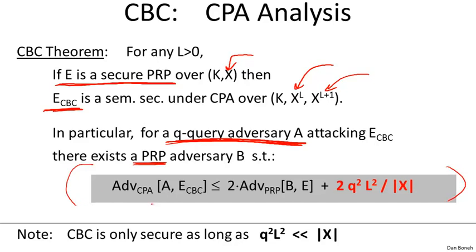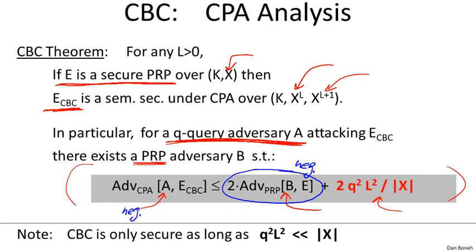In other words, the advantage of algorithm A against the encryption scheme is less than the advantage of algorithm B against the original PRP, plus some noise term. Let me interpret this theorem for you as usual. Since E is a secure PRP, this quantity here is negligible. And our goal is to say that adversary A's advantage is also negligible.